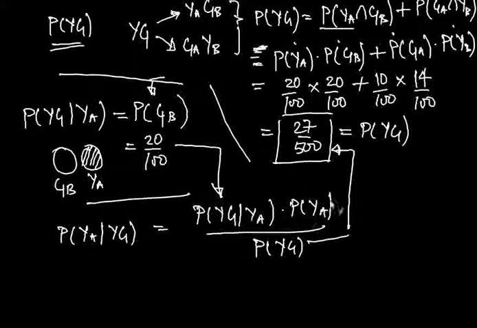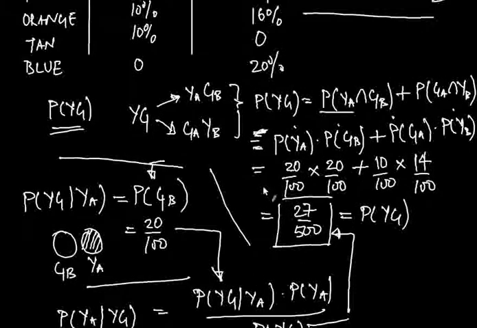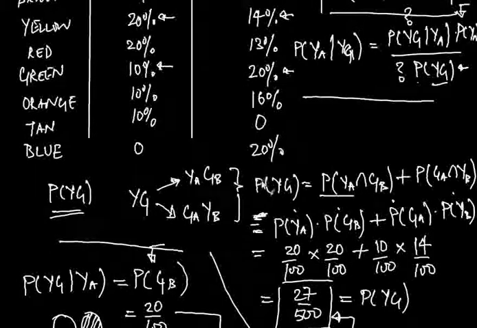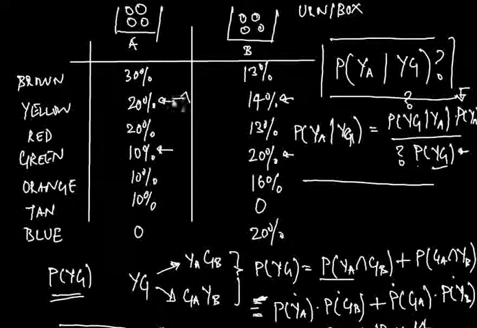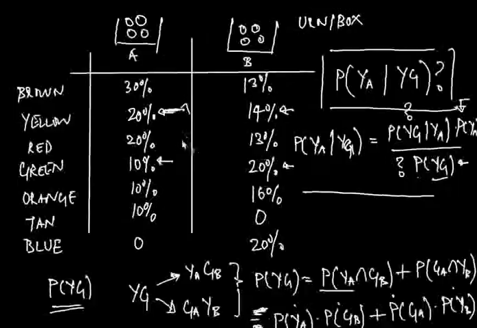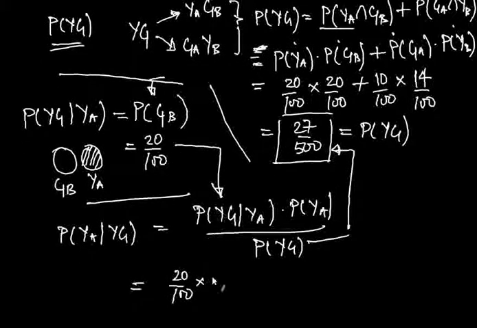So we have all the values that we need, right? So it's just a simple question of plugging them in. So we got 20 by 100 in the numerator multiplied by the probability of drawing a yellow from A, which was 20% again, right? So that's this value over here. So let me scroll down. So that's 20 by 100. Yeah, this whole thing divided by the 27 by 500 that we got earlier, right?